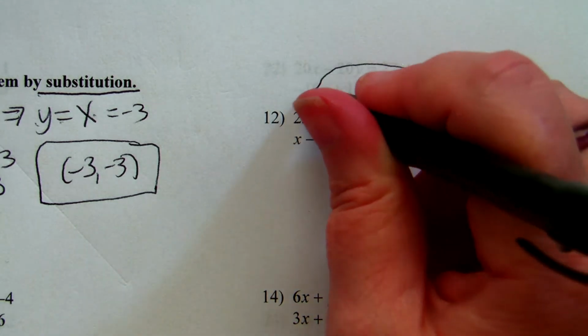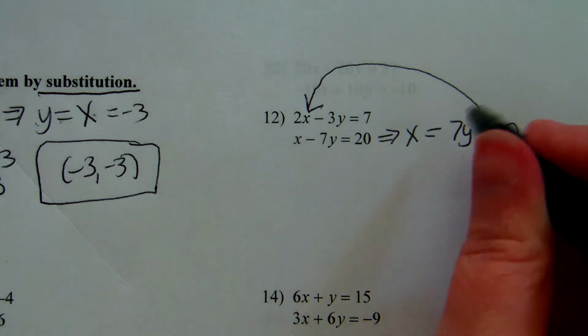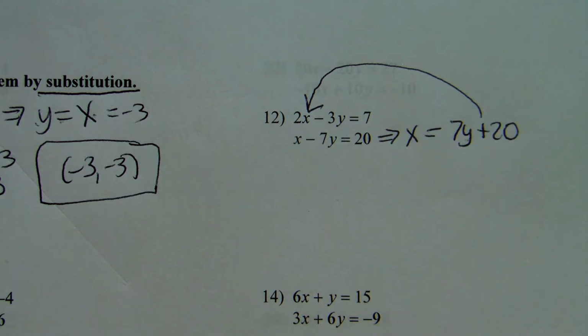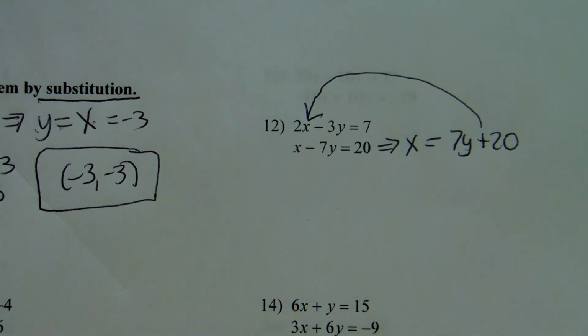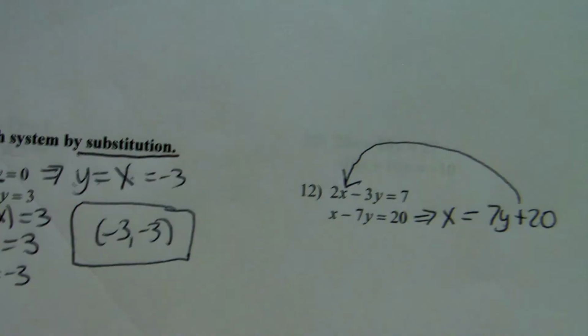Wherever there's an x, you put 7y plus 20 in for the x. Once you find y, you substitute it back in to find out what x is. So those are some substitution problems that you're going to be doing.